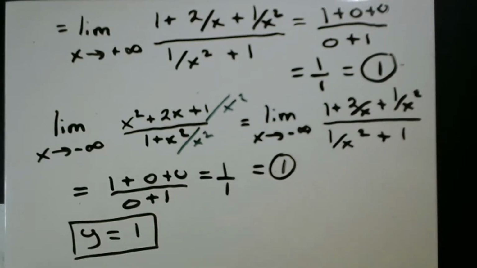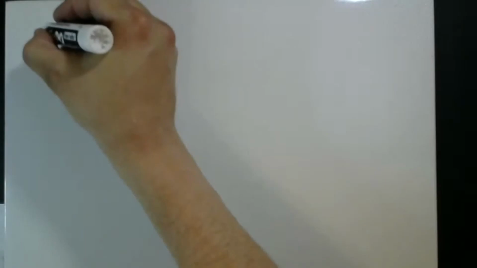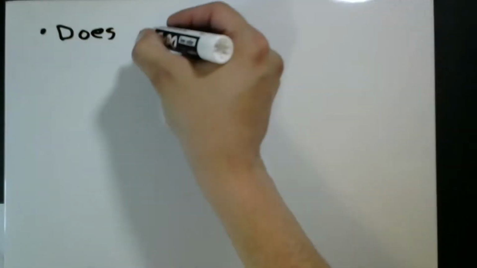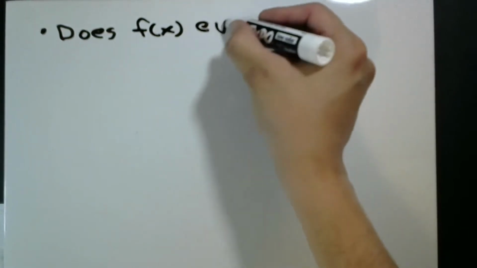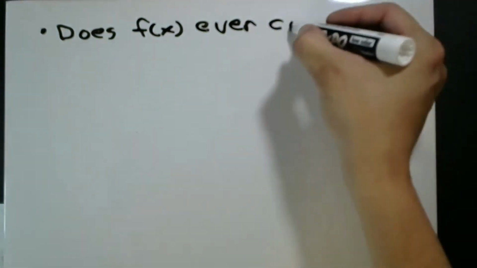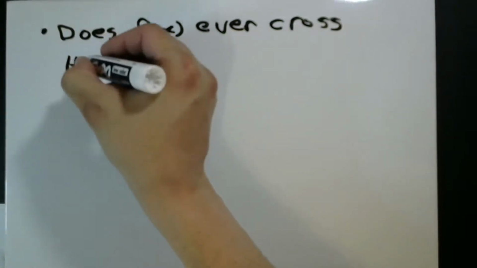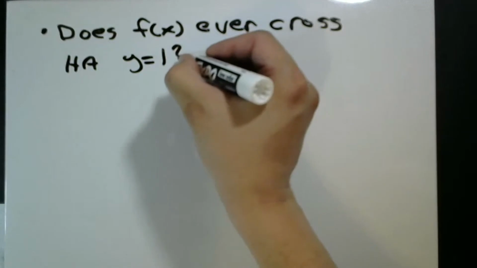Now, there's a question we want to ask about horizontal asymptotes. And it's going to be this. Does f of x ever cross the horizontal asymptote y equals 1?